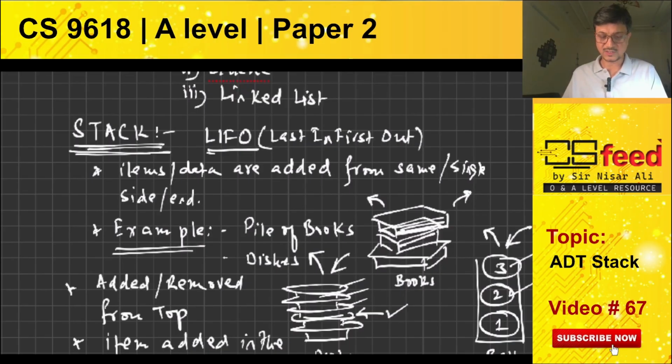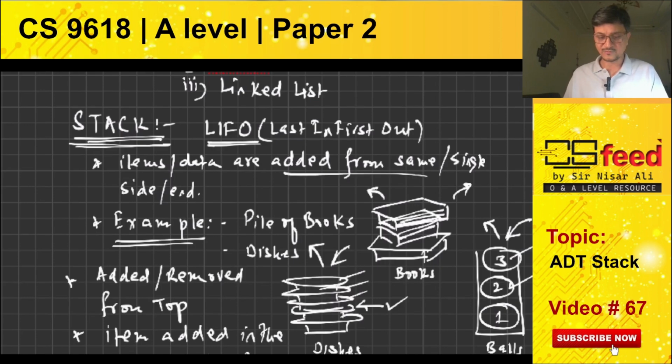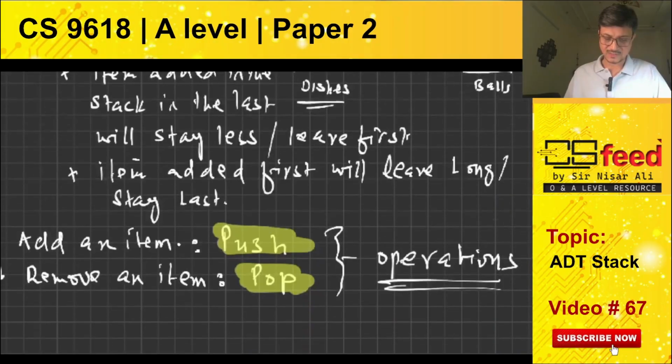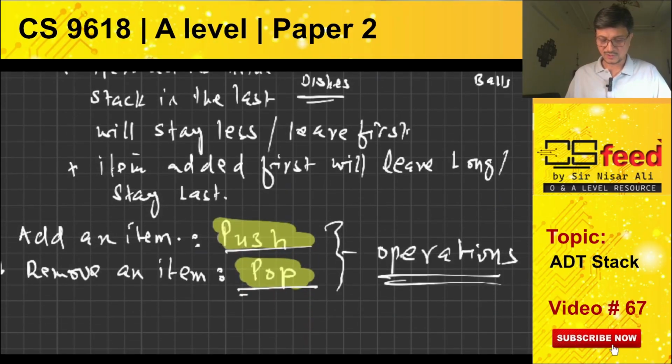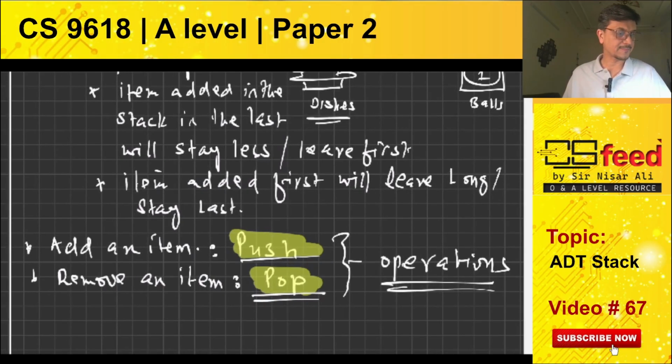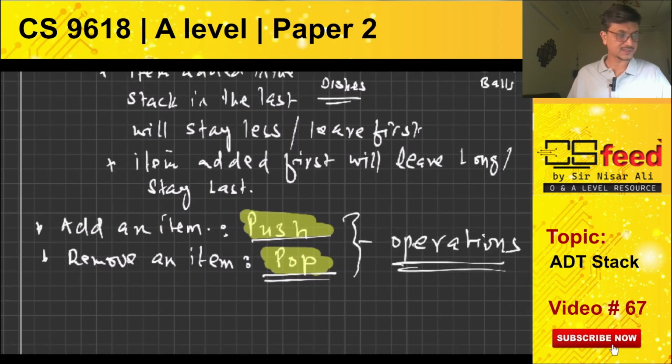It is stored on the LIFO principle, last in first out, and data is always added from a single end, from one side. Adding is called push and removal is called pop, and these are the two operations that are performed. Now we'll see, there are some pointers before we move in.